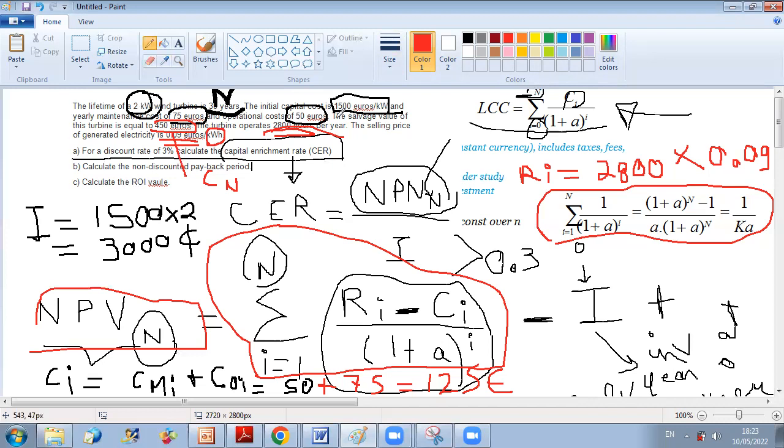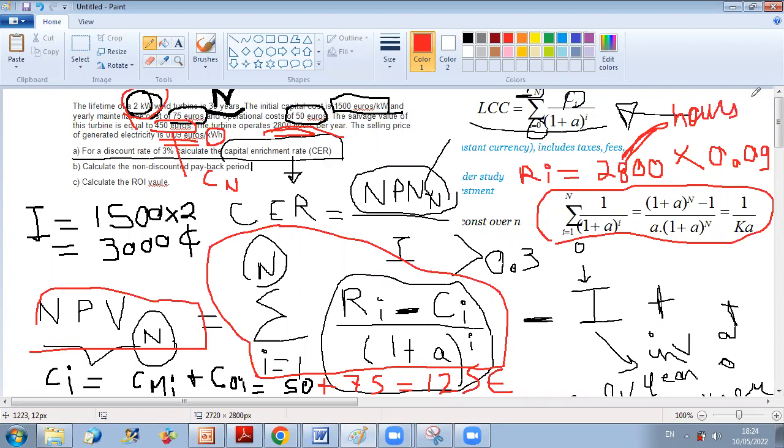I considered that they directly gave us 2,800 kilowatt hours, but 2,800 is the number of hours. To get the kilowatt hours we should multiply by what? By the power of the turbine, right? Which is 2 kilowatts. So here we should multiply by 2, because this is not in kilowatt hours, this is the number of hours of operation.